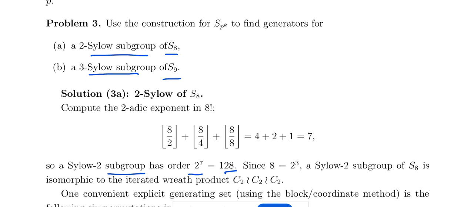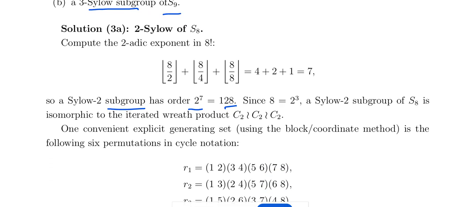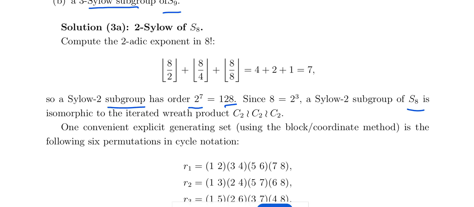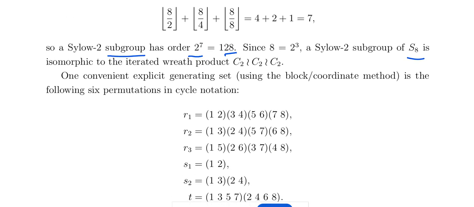Since 8 equals 2 cube, the Sylow 2 subgroup of S8 is isomorphic to the iterated product of C2, like that.